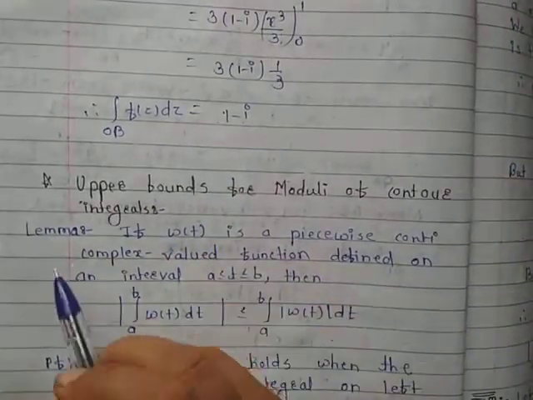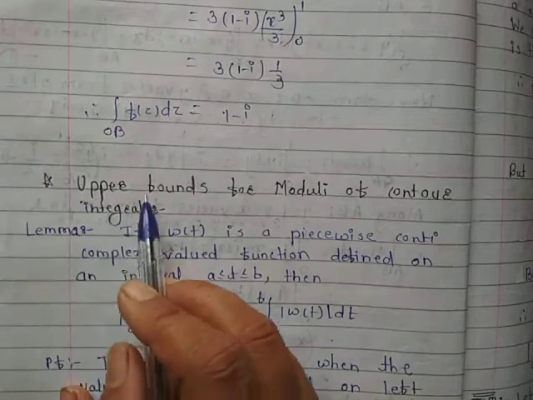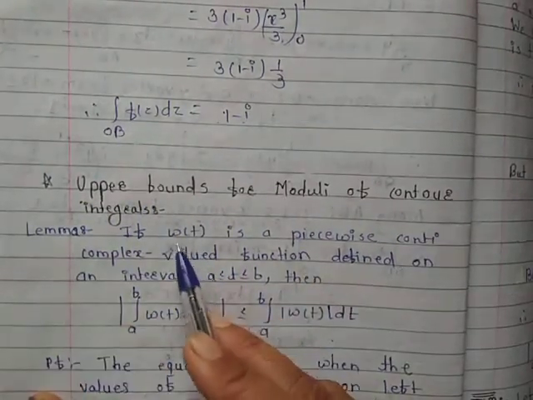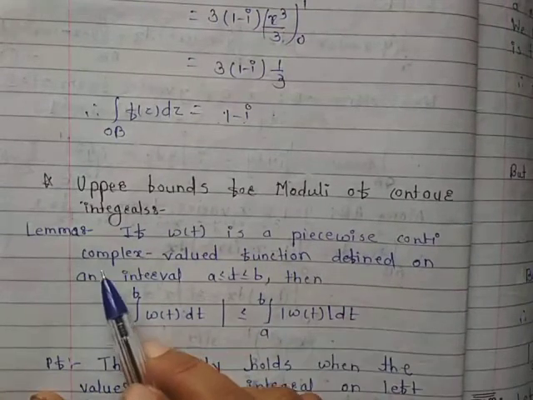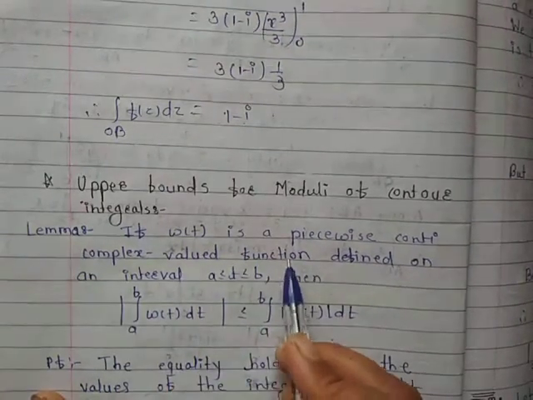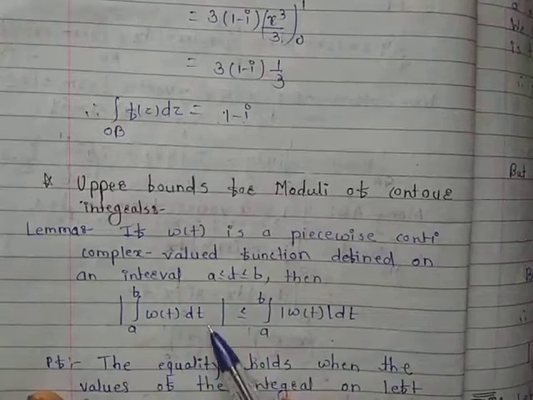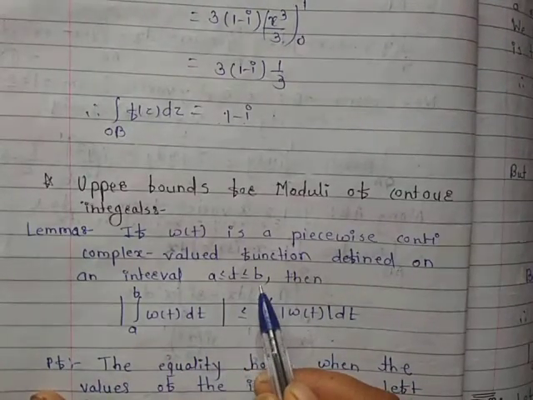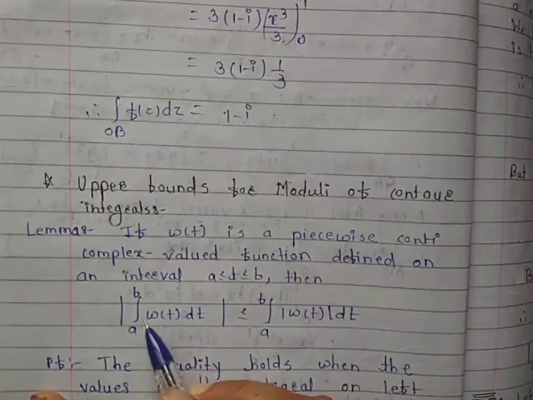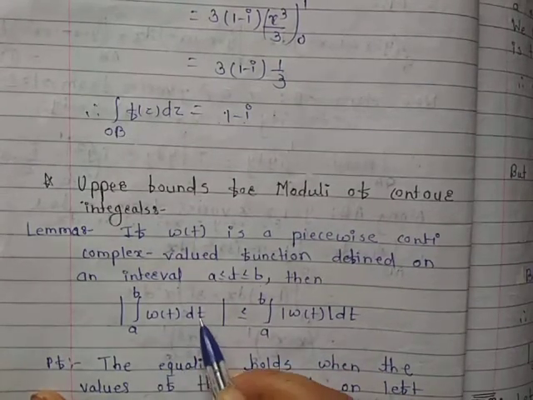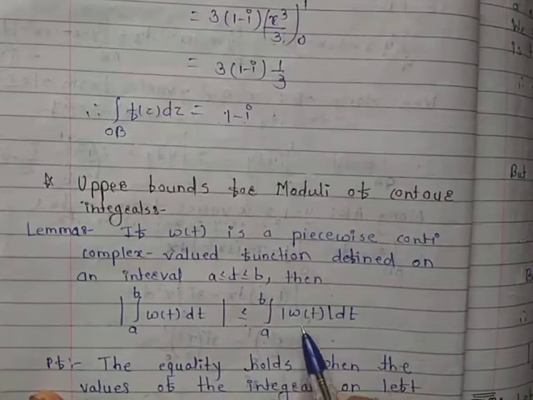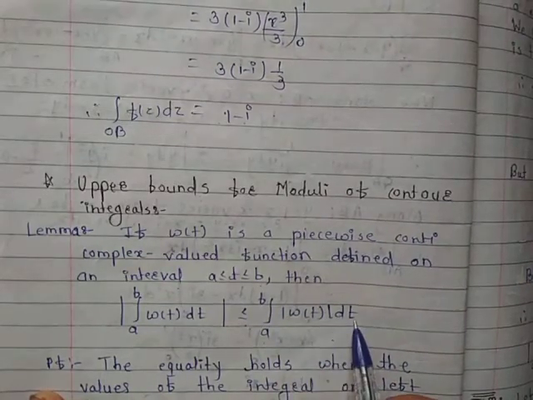Next topic, upper bounds for moduli of contour integrals. Lemma: if omega of t is a piecewise continuous complex valued function defined on an interval a less than or equal to t less than or equal to b, then modulus of integration from a to b of omega of t dt is less than or equal to integration from a to b of modulus of omega of t dt.